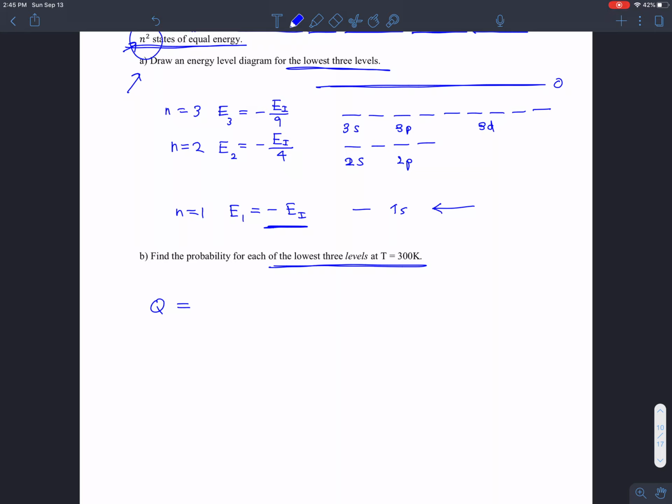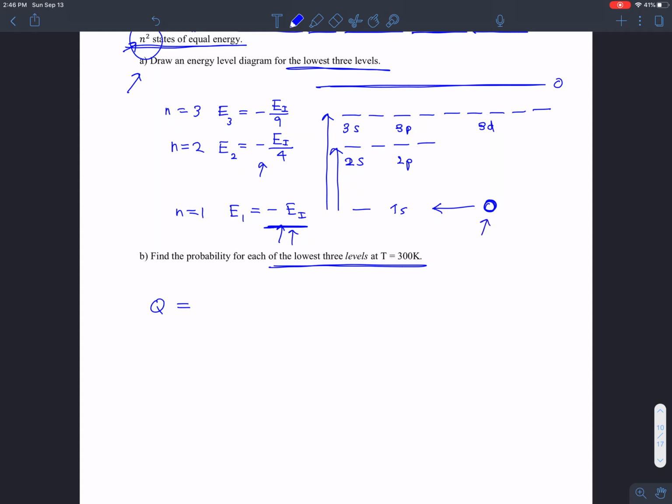So I'm going to do the opposite of what I did in the last case. I'm going to choose to put the zero of energy down here at the lowest energy level. And that means that I'm going to want just the gaps between the lowest energy level and the next 2 levels up. That gap is going to amount to adding a plus E sub I to these energies, right? Because if I add a plus E sub I here, I'll get a 0.